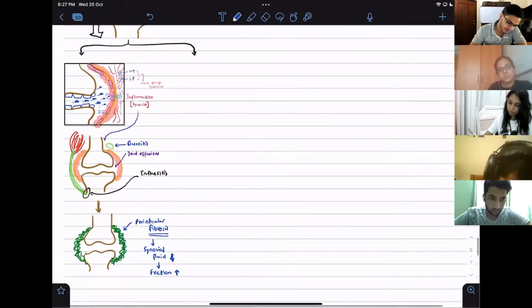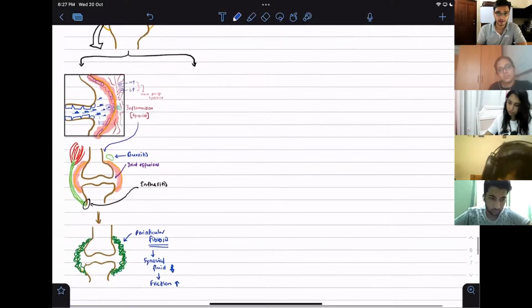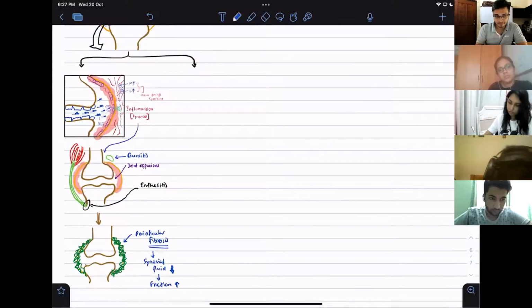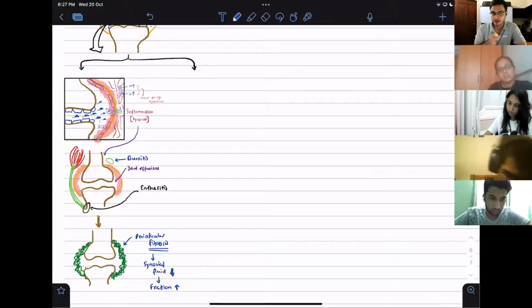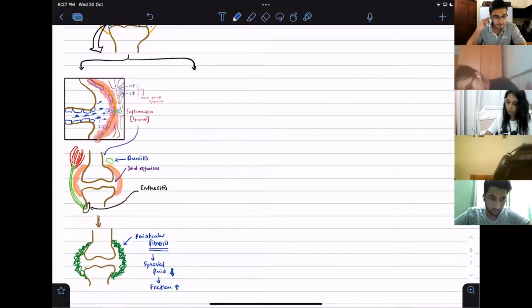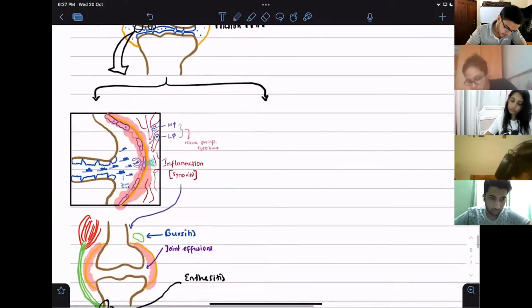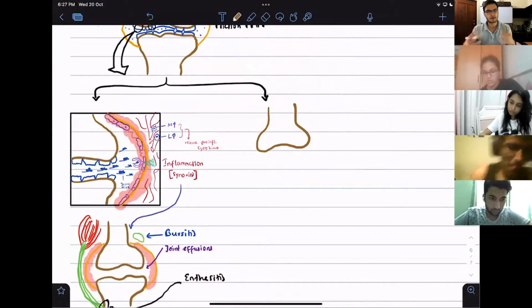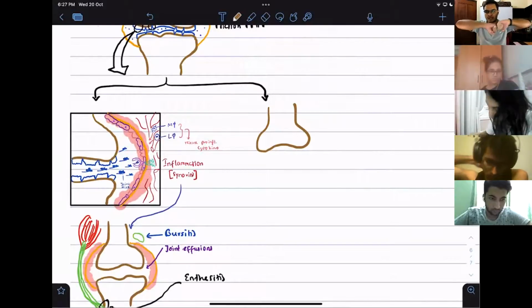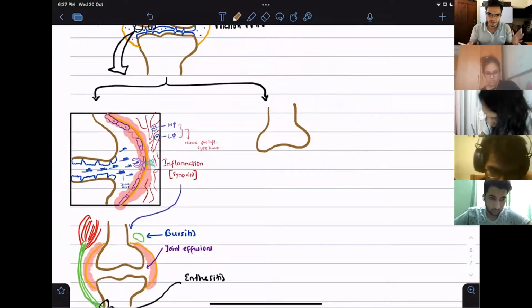We said there are two effects from the fibrillations and fissuring. One of the effects is the synovitis, inflammation of the synovia, and its related consequence. The other thing is, look at this. When there is fissuring and fibrillation, the cartilage becomes so weak that during articulation there is going to be very heavy friction.